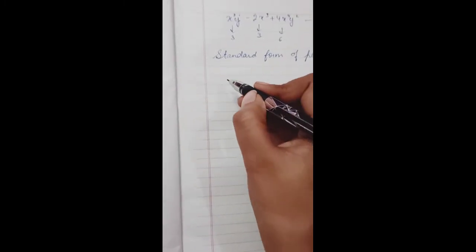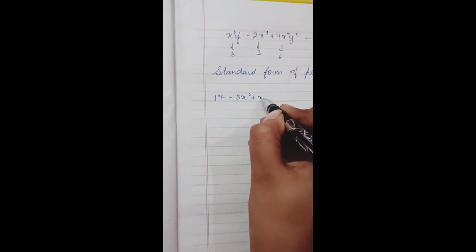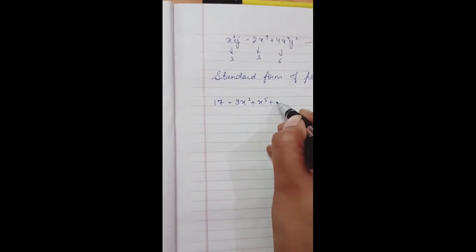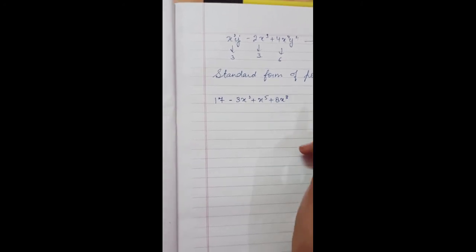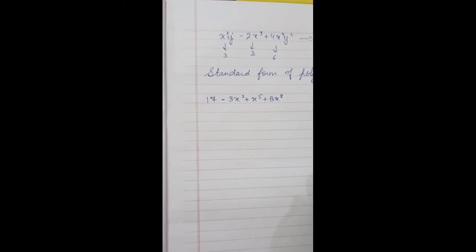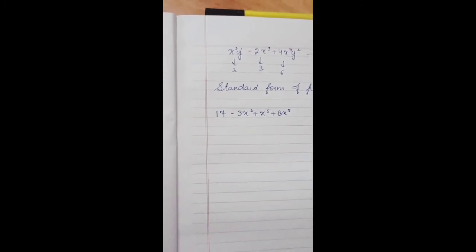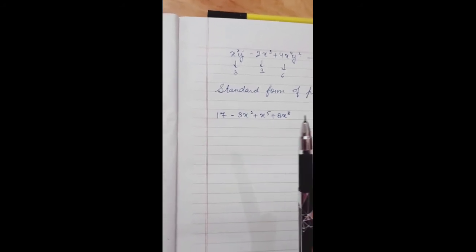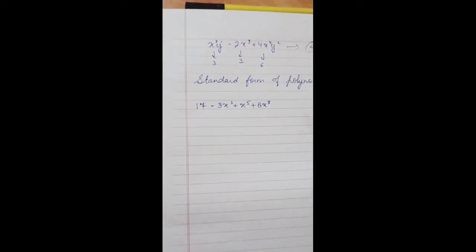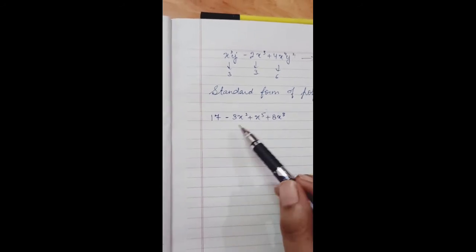Suppose we have a polynomial 17 minus 3x square plus x to the power 5 plus 8x cube. Here we have to write this polynomial in standard form. So we arrange the degrees from greatest to smallest. The greatest degree here is x to the power 5, so we write this term first.